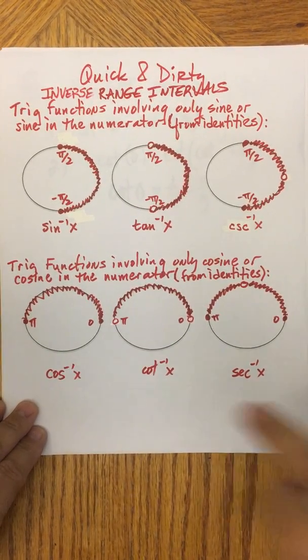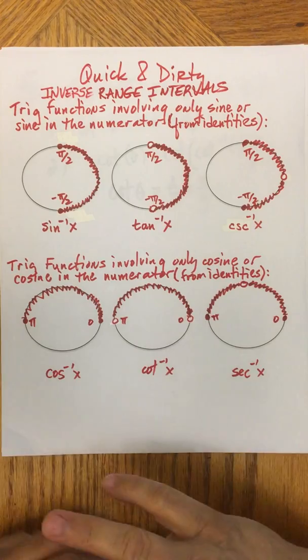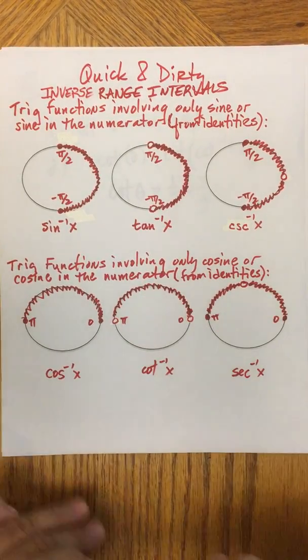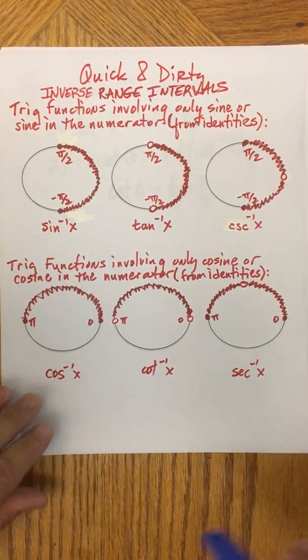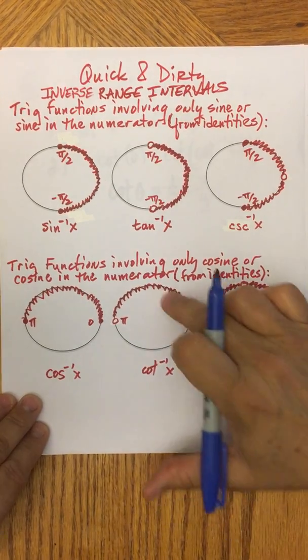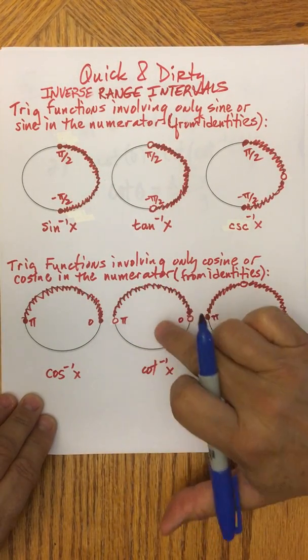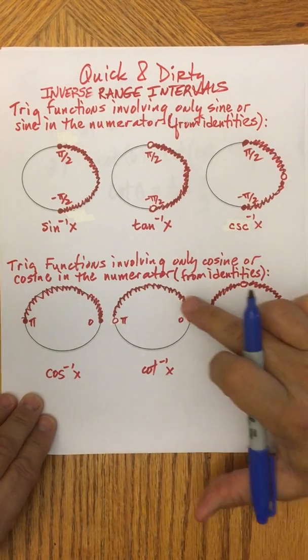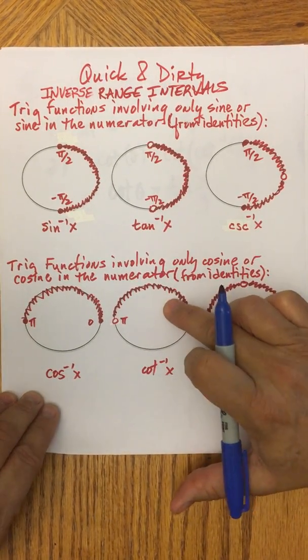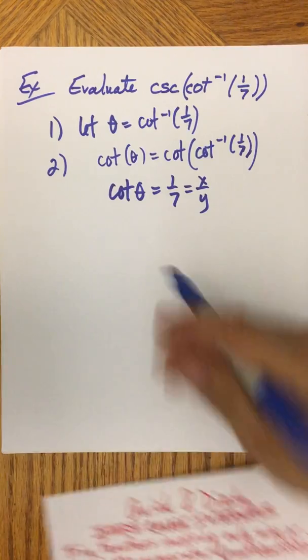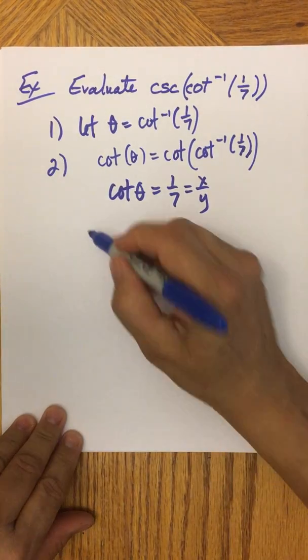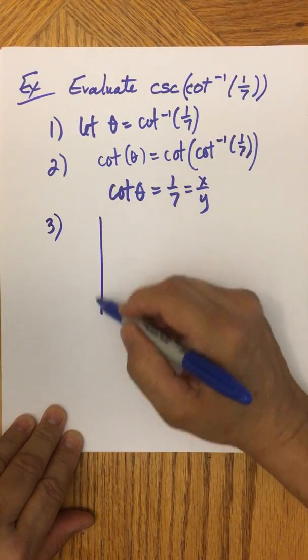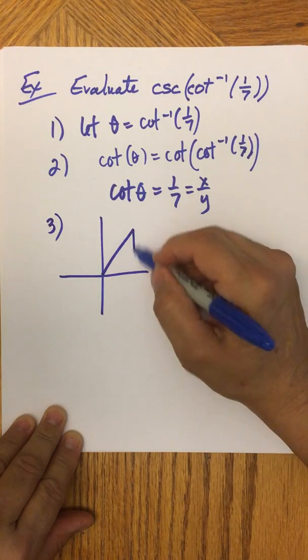So the inverse cotangent can only be in quadrant 1 or 2. So I can only draw my right triangle in quadrant 1 or 2. Now in quadrant 2, you have one dimension that's negative and one that's positive, so your ratio would be negative. Since my ratio is positive, I know I have to be in quadrant 1. So I know to draw my triangle in quadrant 1, like this.